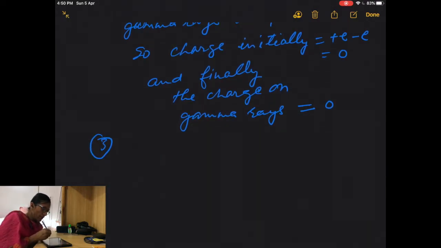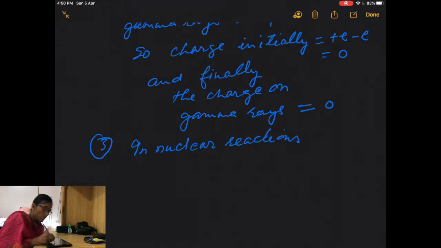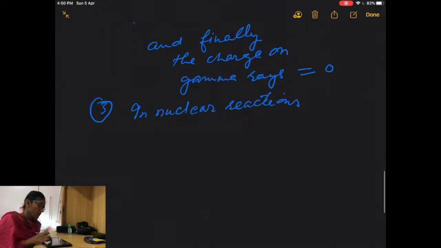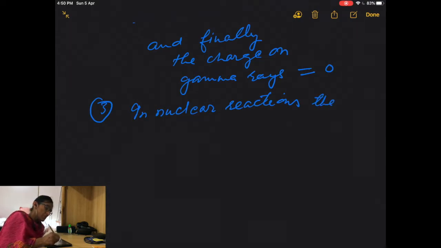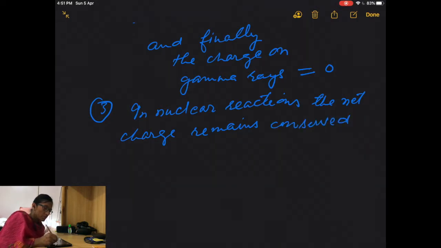Now in nuclear reactions, the net charge remains conserved. So let us take some examples.